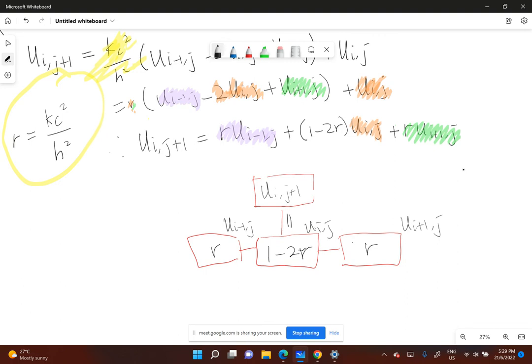Boleh faham tak? So I can put this one in calculator. Nanti saya akan letakkan, I will put this one as A, B, C. Lagi senang. The value.